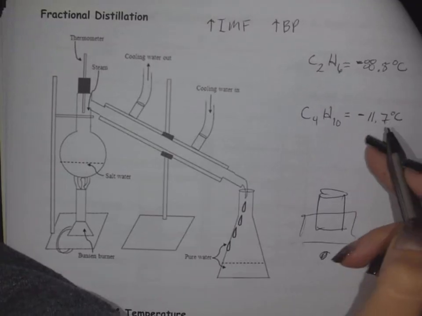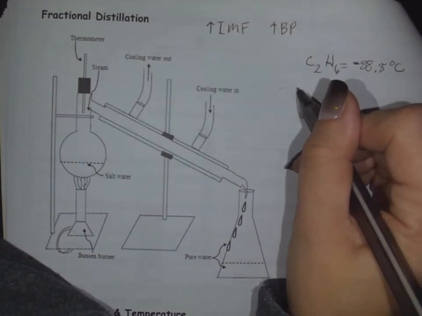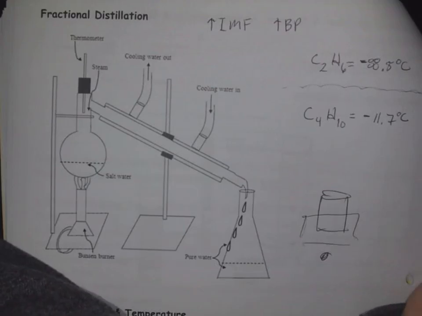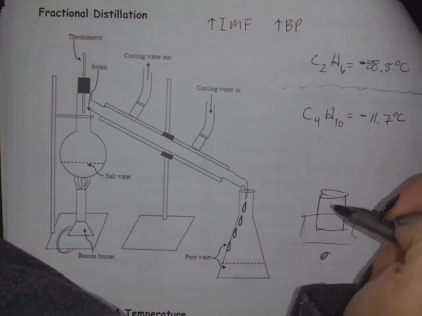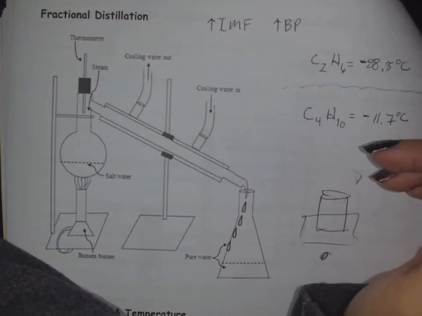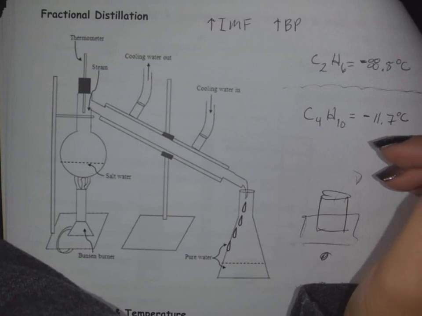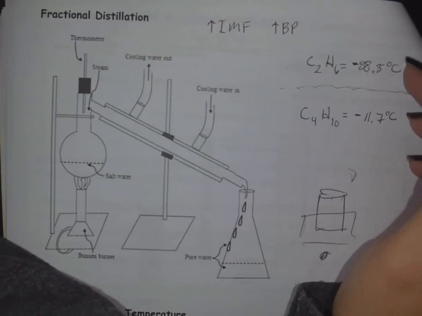I need to find a temperature that is in between these temperatures, right? Because if we are at like negative 20, then this one would be boiled off. It would become vapor. But this one would stay as a liquid. Sorry, the negatives are throwing me off, so I'm trying to make sure I'm saying this correctly.